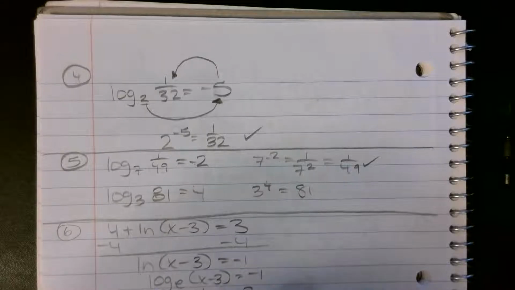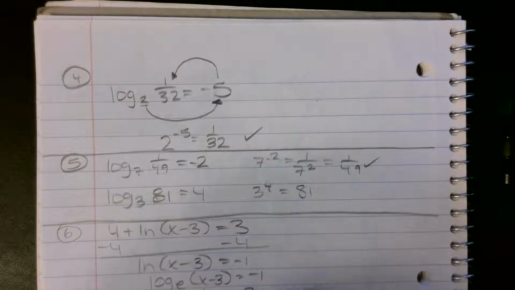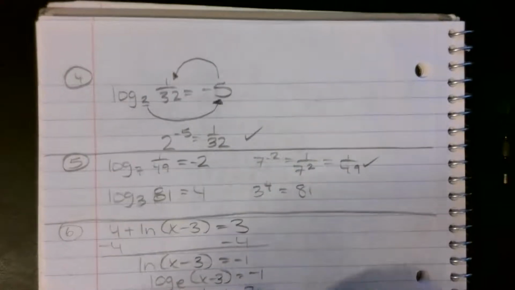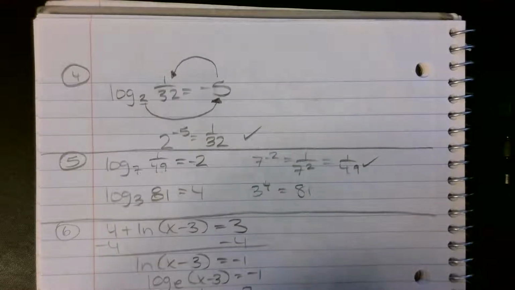Plus 3, so 3 plus e to the negative 1 is equal to x, which is e raised to negative 1, yuck, plus 3. So this is approximately equal to 3.3.